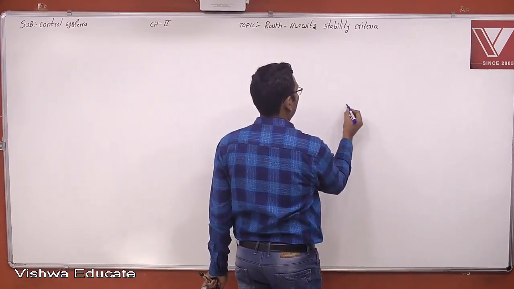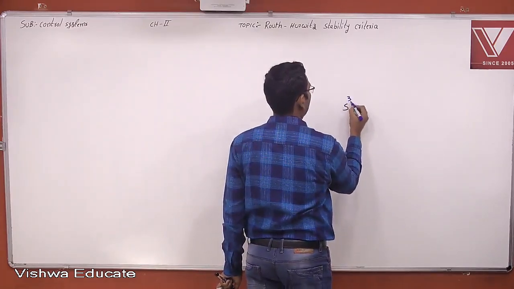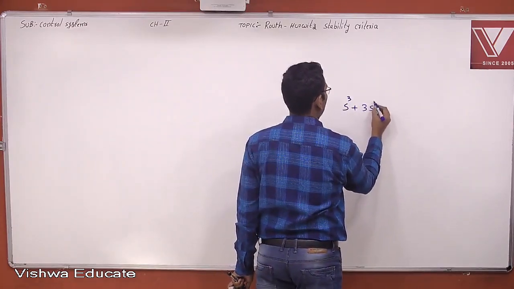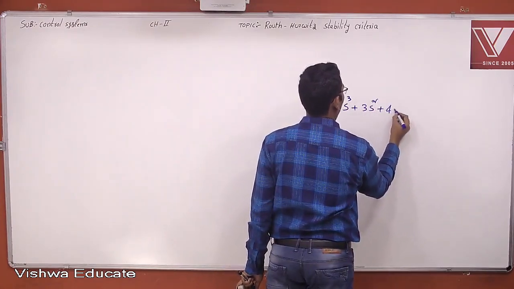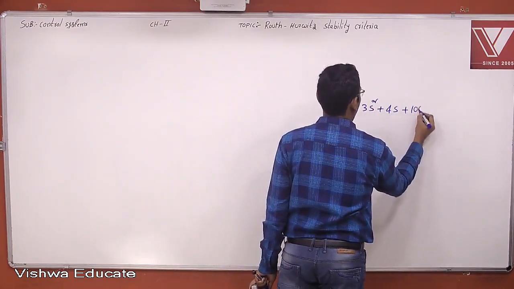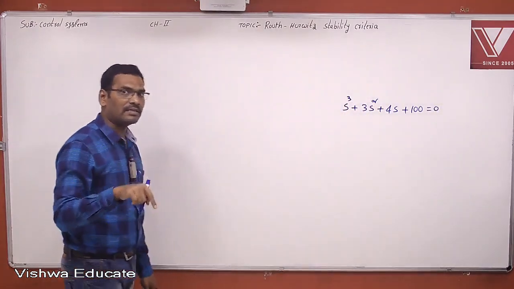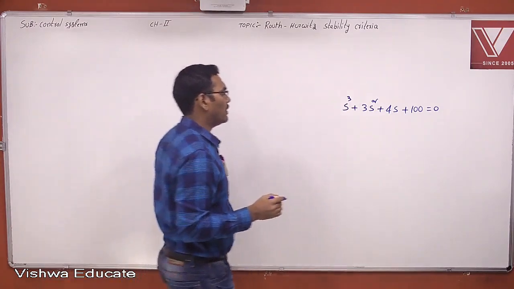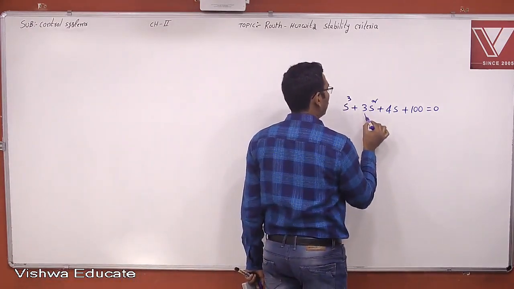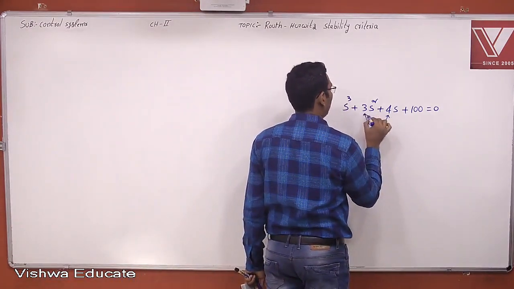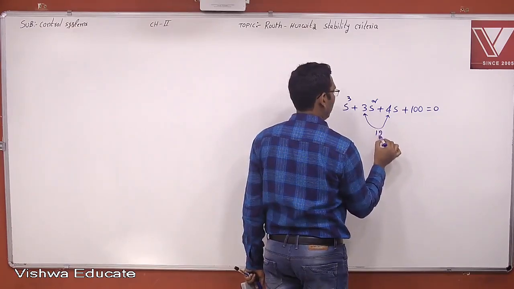Now see here, this is s cube plus 3s square plus 4s plus 100 equal to 0. Here also I am giving one shortcut method first, then after that we will go for the general method. The internal quotient product 3 into 4 is 12.